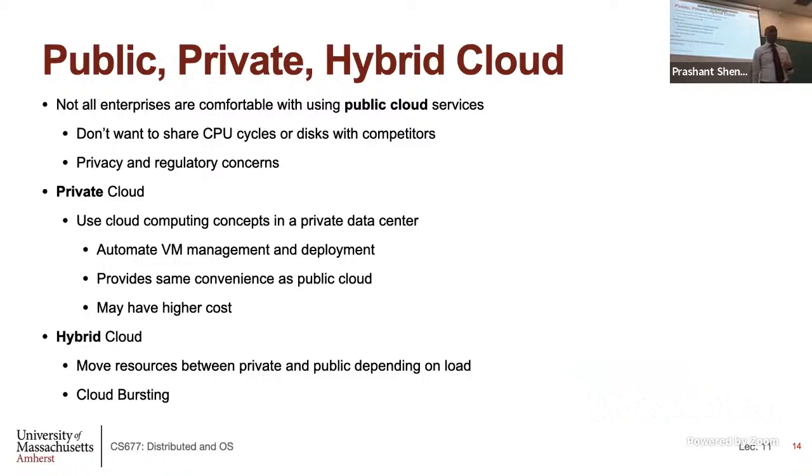I'll talk a little bit about different cloud models. There are three models here. One is called public cloud, another is called private cloud, and the third is called hybrid cloud. When you go to a third-party cloud provider like Amazon AWS, Google's cloud platform, Microsoft Azure, or Alibaba, which has its own cloud, you are using what is called a public cloud.